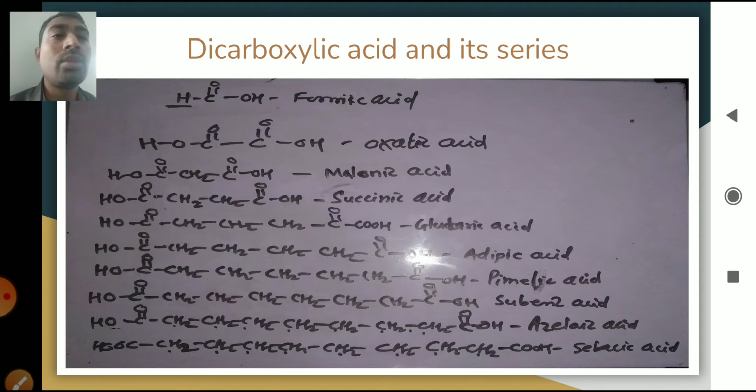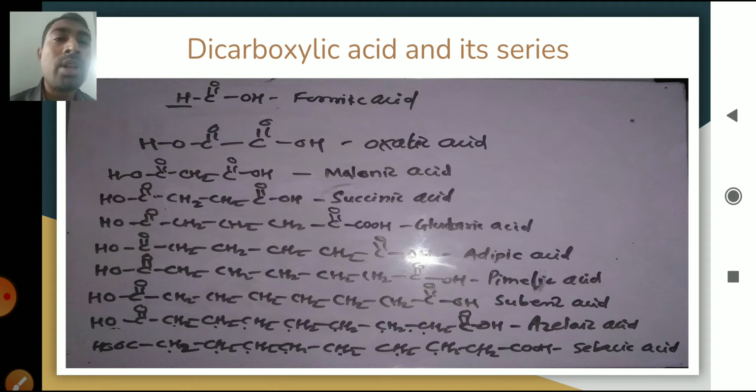Succinic acid is nothing but two methylene groups introduced in between the two COOH groups in the form of a chain. Now this chain is elongated with another methylene group, and that will form glutaric acid.